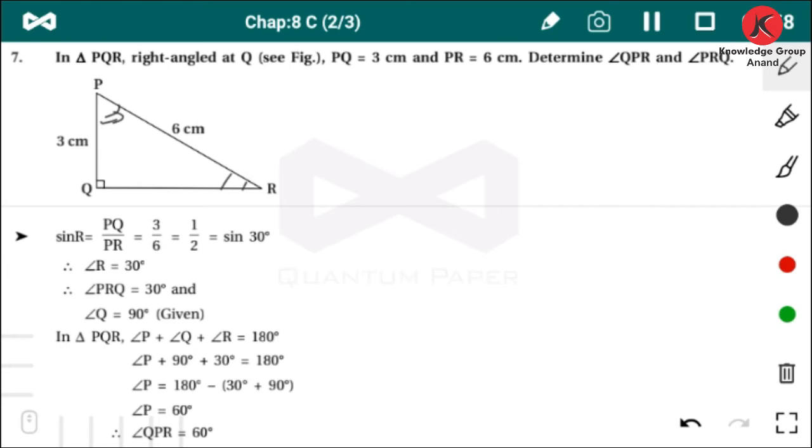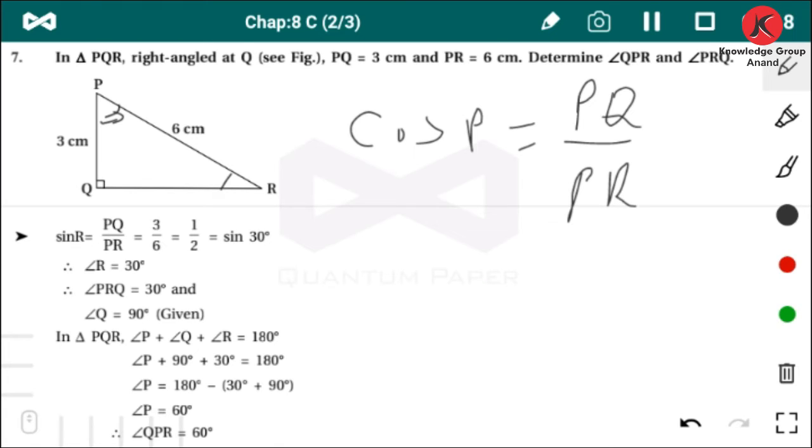Otherwise, for angle P, the adjacent side is given and the hypotenuse. Then we take cos P is equal to adjacent upon hypotenuse. Cos P is equal to PQ upon PR, 3 upon 6, which is equal to 1/2.